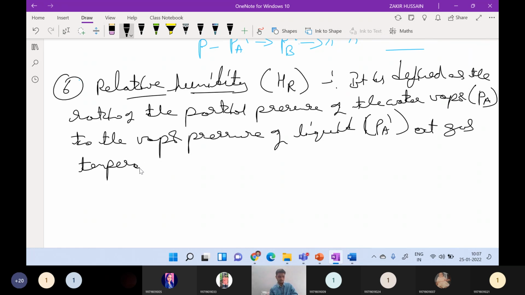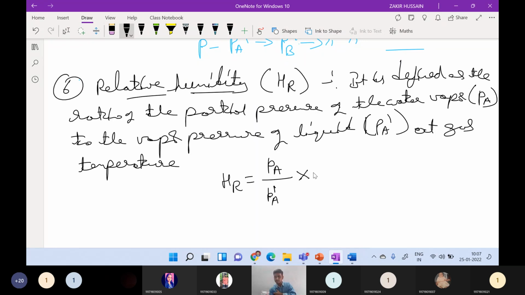So relative humidity is equal to the partial pressure PA divided by the vapor pressure of the same water vapor, called HR.